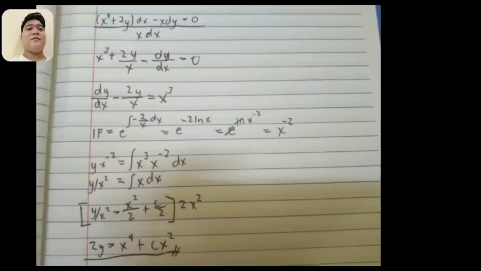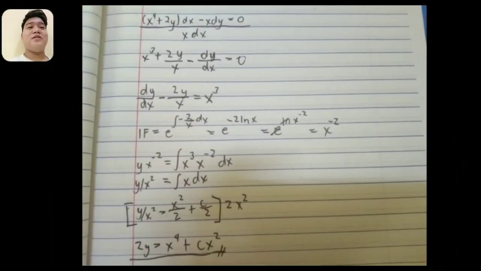So let's go to our second example, which is x to the power of 4 plus 2y dx minus x dy equals 0. We need to convert it to standard form.